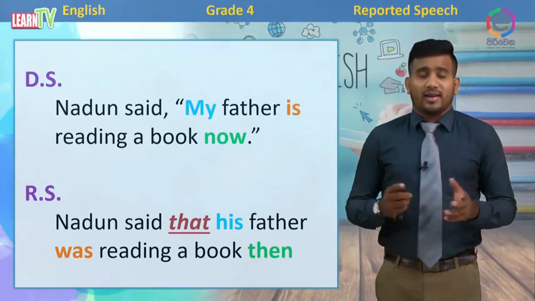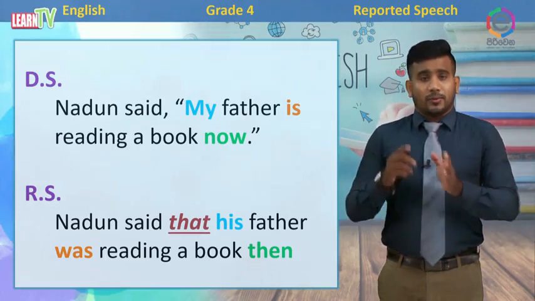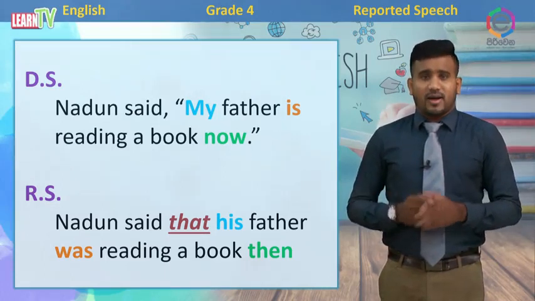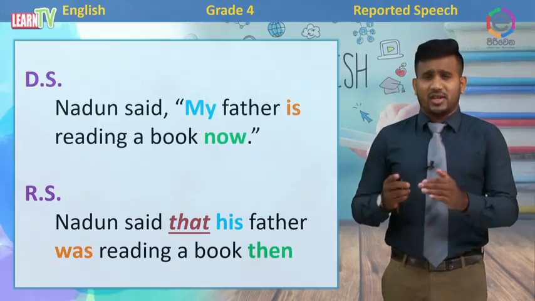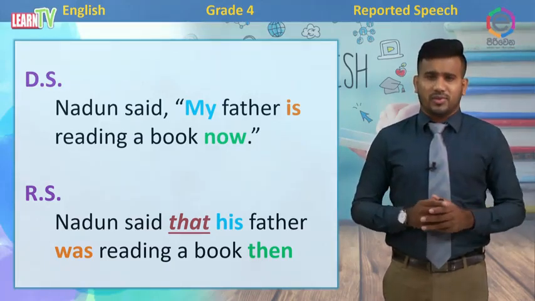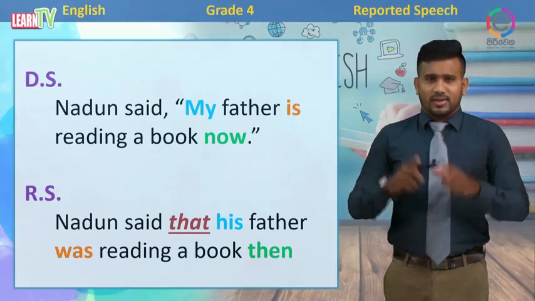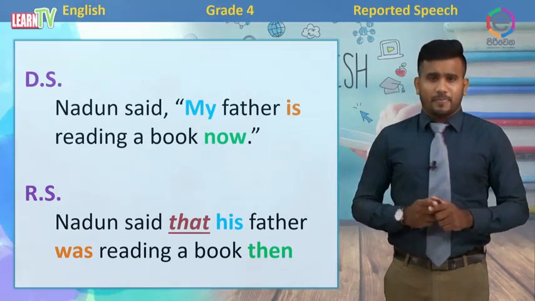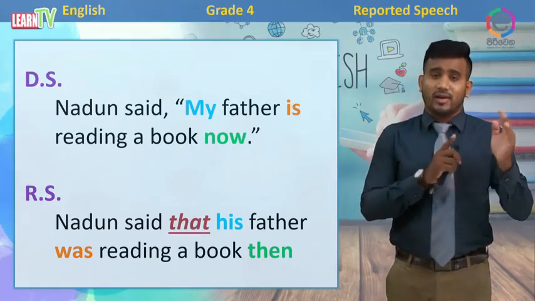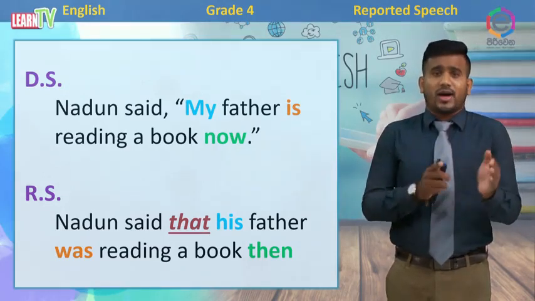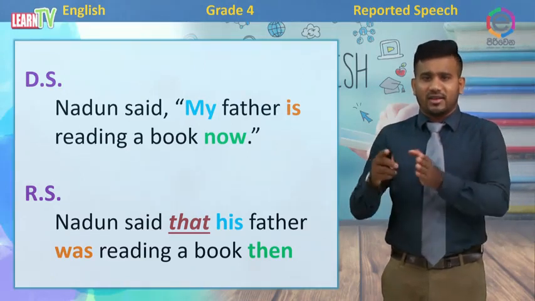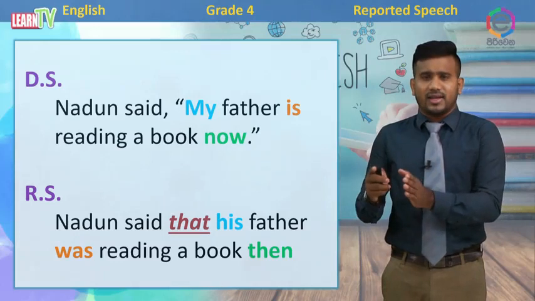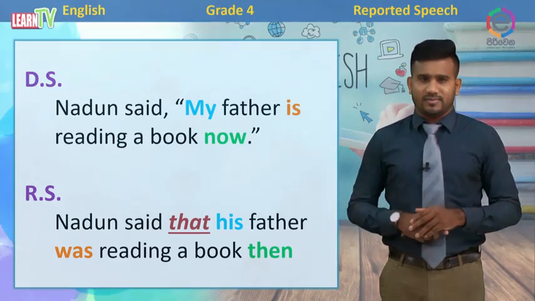So you can understand the pronouns I, we, you, they, he, she, it change according to the situation. The pronoun word my stands for Nadun. So that's why we have changed that word to his. My father, his father.